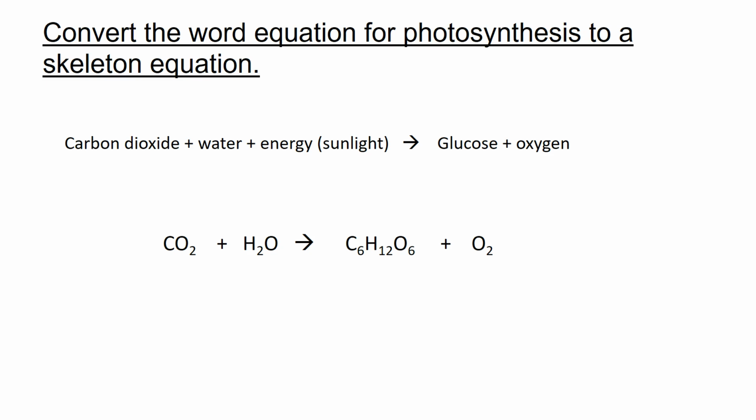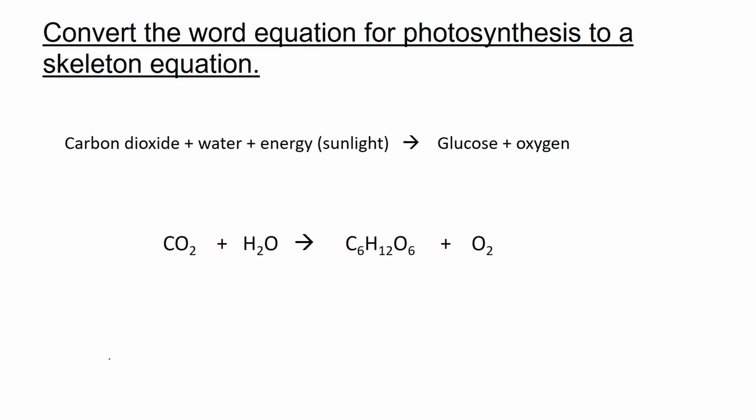We have carbon dioxide plus water plus energy in the form of sunlight reacts to form glucose and oxygen. And so we rewrote that as CO2 plus H2O reacts to form C6H12O6 plus O2. Notice I didn't include the sunlight because that's not important to doing this. All right. So we want to balance it.